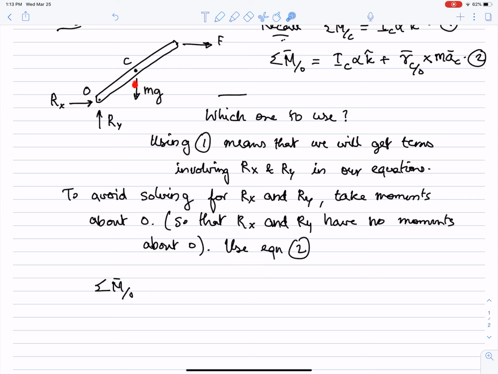okay, mg is the force, L over 2 cosine theta is the moment arm, right?